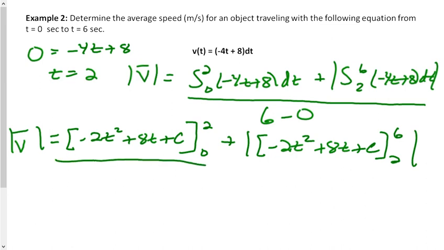All of this is going to be divided by 6.